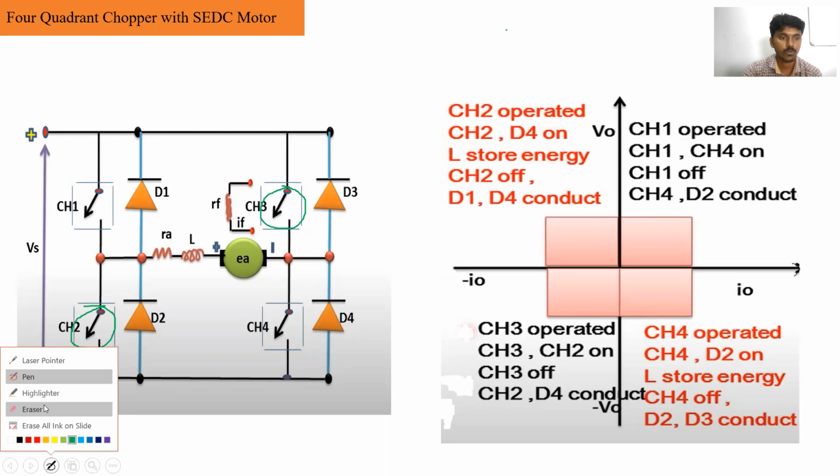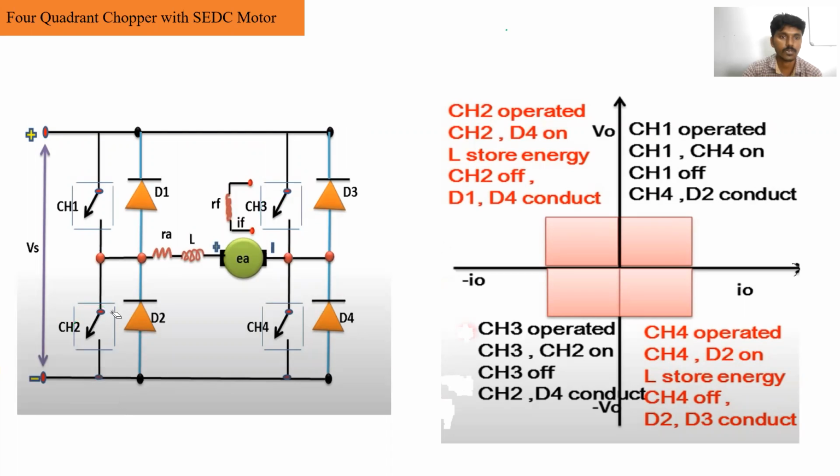Can anybody tell me the direction of current flow when CS3 and CS2 are turned on? CS3 is closed and CS2 is also closed. So how is the current flowing? Shivani, how is the current flowing when CS3 is closed and CS2 is also closed?